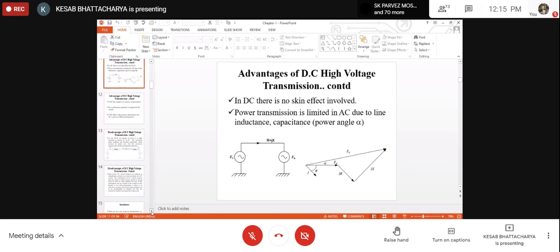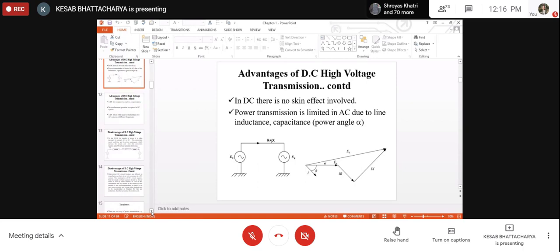Yes, that is skin effect. It is due to the frequency of AC power supply, which is 50 hertz in India. Due to that frequency, current starts to flow through the surface, not deep inside the core, and that effect is known as skin effect, which causes some problems and losses in the system. But in DC, since there is no frequency, skin effect is absent.